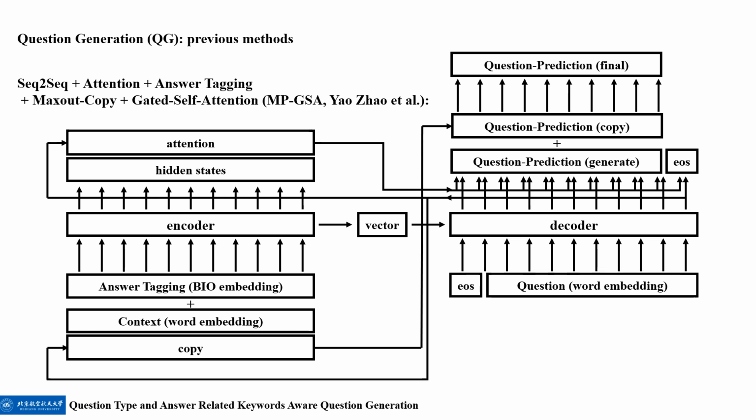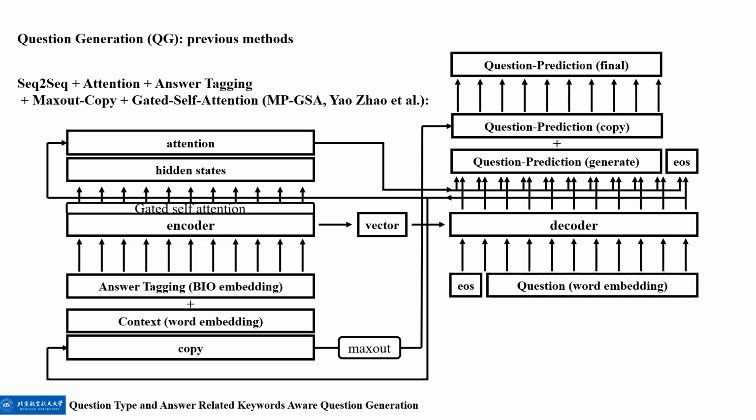In practice, the copy mechanism tends to copy words that are duplicated in the context instead of the real but co-occurrent words. So it is further equipped with a max-out pointer network to only keep the max copy score for duplicated words.